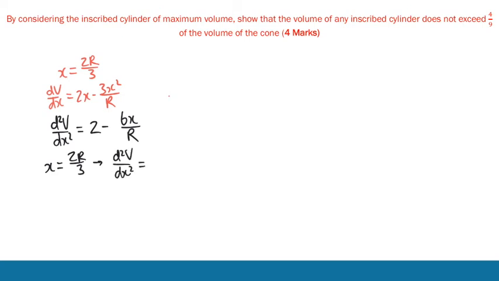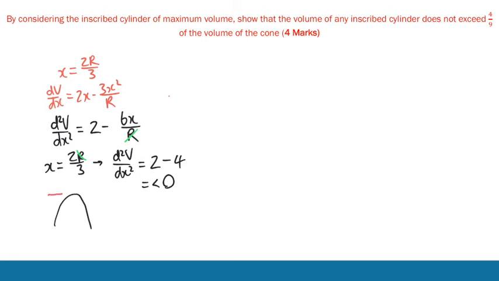And what we do when we get that is we get 2 minus, now the r on the bottom of the fraction will cancel with the r on the top. So it's just 6 times 2/3. So it's minus 4. And so we get a negative value. And remember, a negative value means that we have a concave down curve.